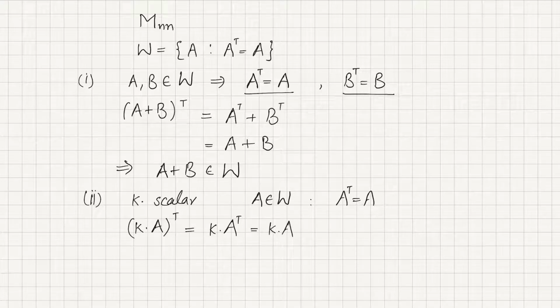So we start with kA transpose and we get kA. That means the matrix kA is again a symmetric matrix, so kA is in W, and W is closed with respect to scalar multiplication. In fact, W is a subspace of M n by n.